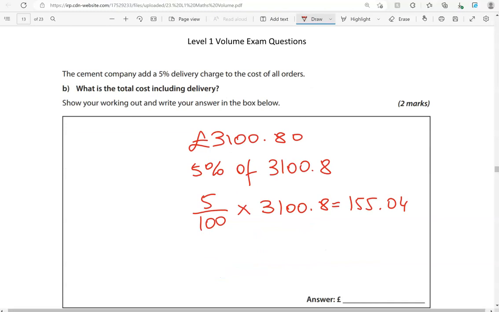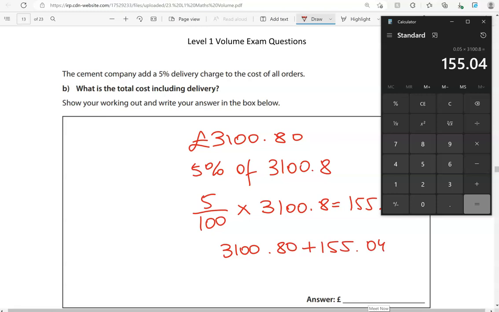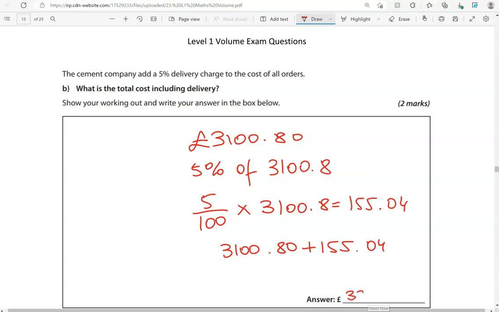So we're going to add this now on top of £3,100 and 80 pence, which is £3,255 and 84 pence.